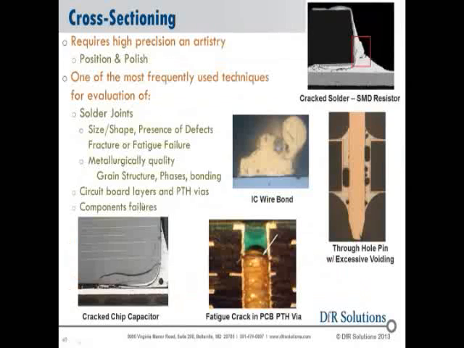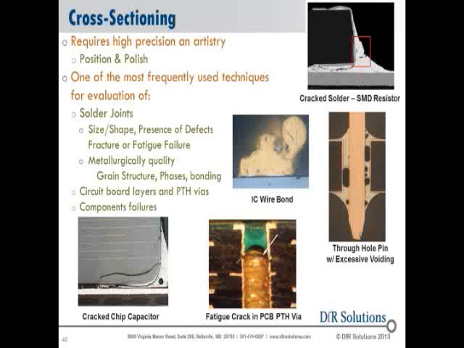So cross-sectioning can be used in many, many different techniques, from solder analysis to wire bonds to components to circuit board vias, things of that nature. It is one of the most frequently used techniques, and it does require a high degree of precision because sometimes the structure we're trying to bisect is only 10 or 20 microns in depth.